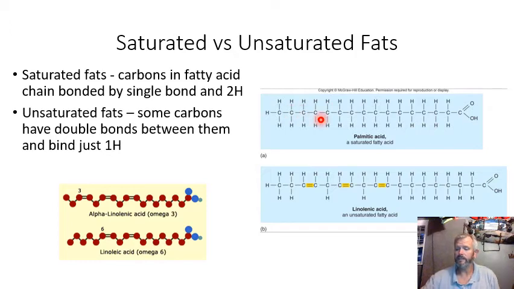This is a very linear molecule. Is it easier to stack linear next to linear? Yeah, they can stack together, and therefore, what do you see when you see lard at room temperature? It's that sticky substance, but it's not an oil, it's not a liquid. Where do you see olive oil? That is made up of unsaturated fats.